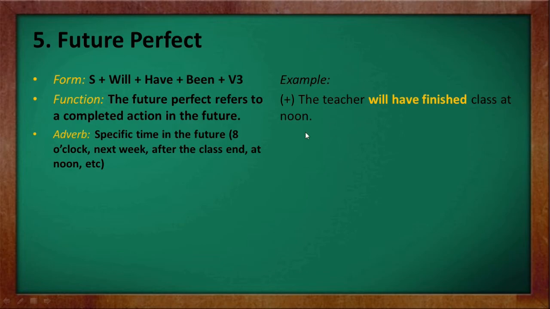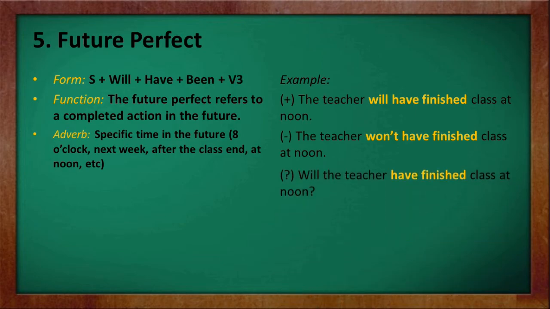This is the event or the action in the future. And the negative example is the teacher won't have finished class at noon. For interrogative sentence, will the teacher have finished class at noon?